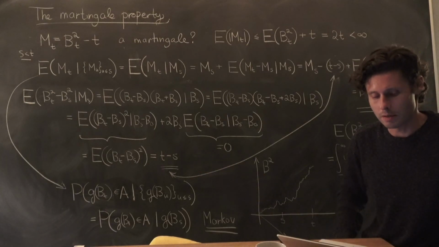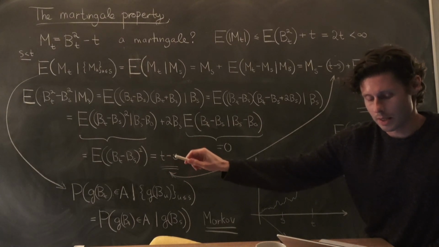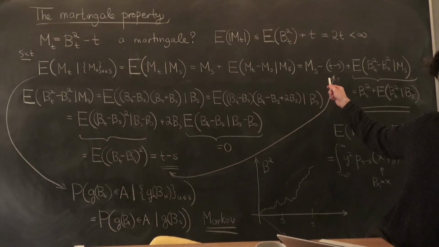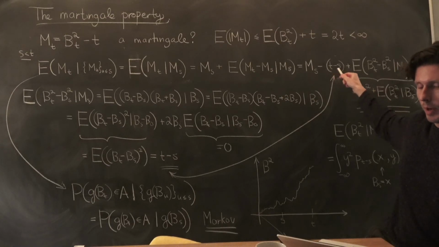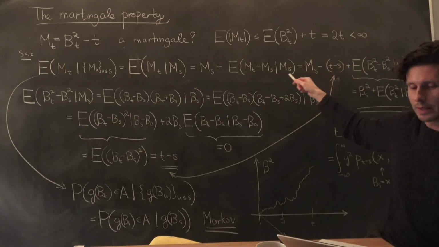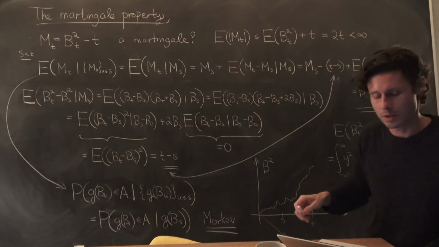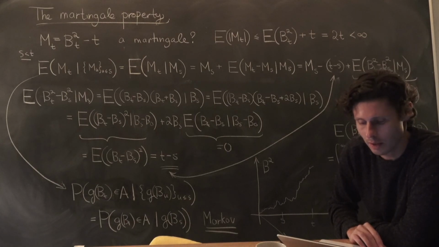The volatility is 1. So in the end, this t minus s comes out and cancels that one, and that was basically the result of evaluating this term. So this term is replaced by t minus s, which cancels this t minus s, leaving us with m minus s, and the answer to this question is affirmative. M is indeed a martingale.